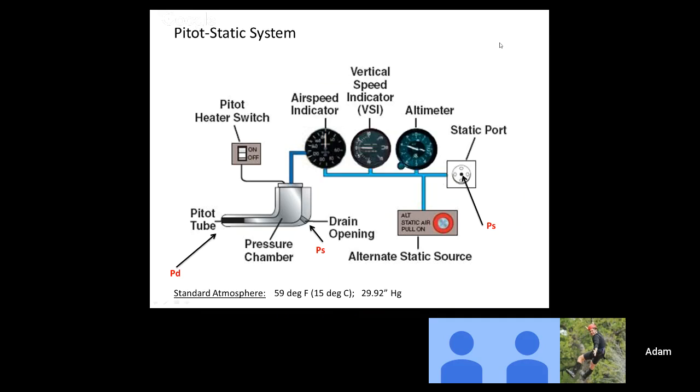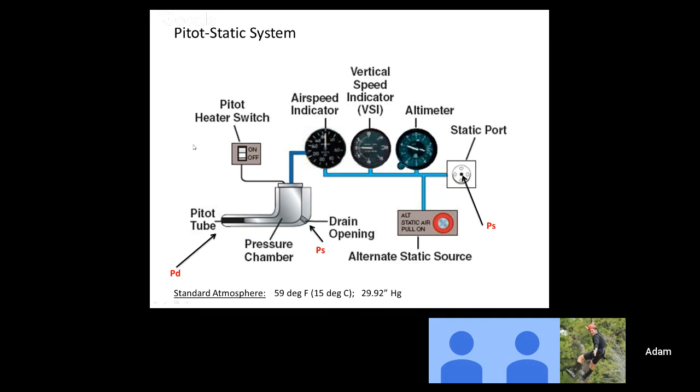Now, as the aircraft is flying through the air, at all times, static pressure will be acting on the static port. And in fact, static pressure will also be acting on a drain opening in the pitot tube. But more importantly, dynamic pressure will be acting on the pitot tube itself, inside the tube.